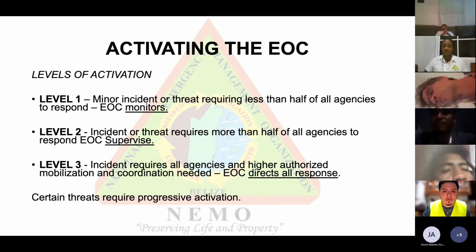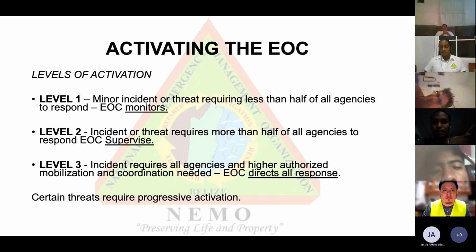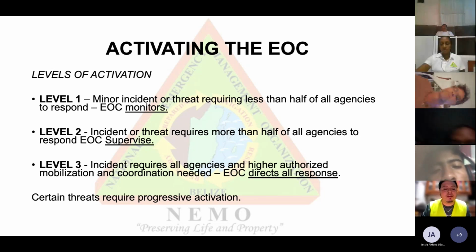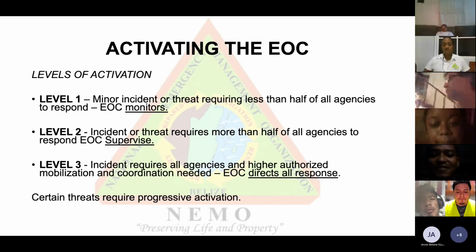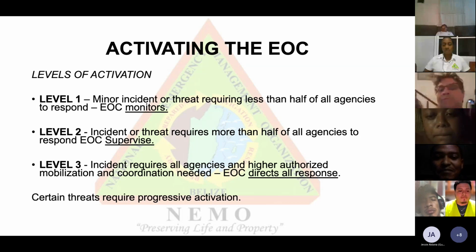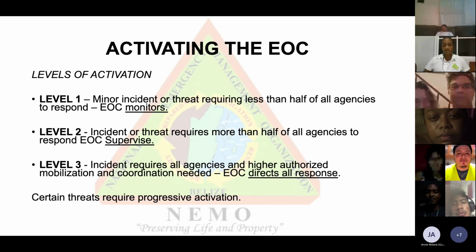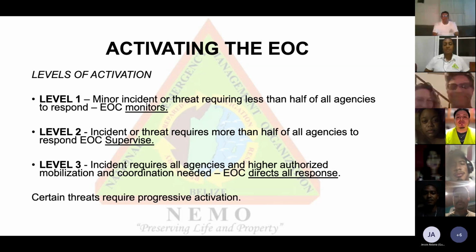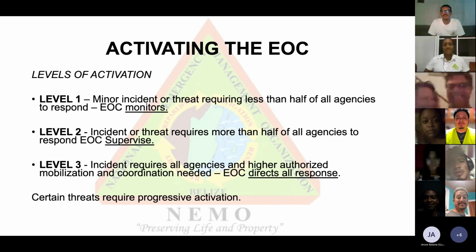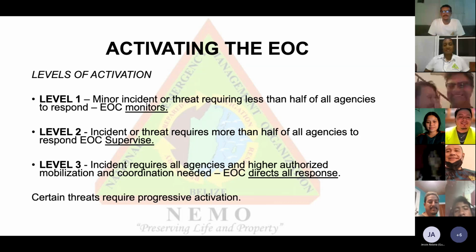Full screen mode. Okay, in the count of 3: 1, 2, 3. Say cheese. Okay, good. Thank you.